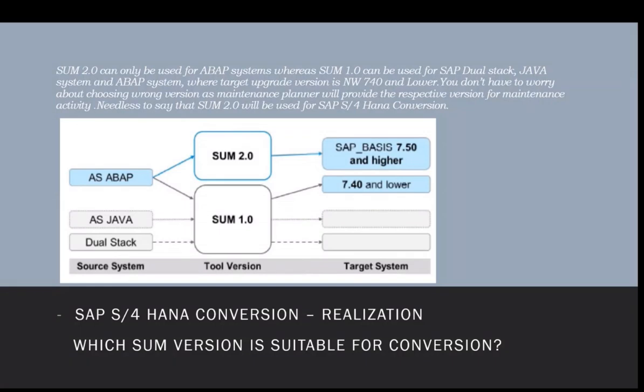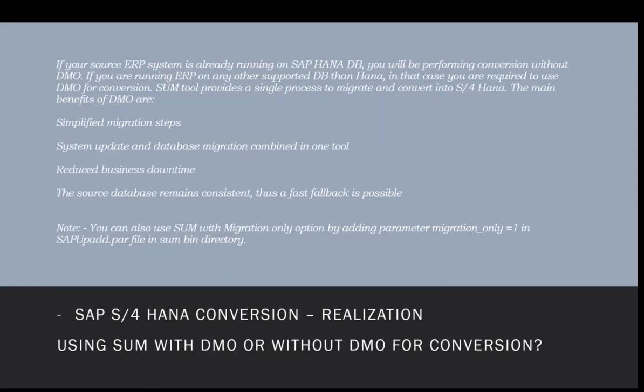So you cannot use your source database anymore after the conversion is done. In that case, you have to use the DMO option of the SUM tool. DMO is nothing but Data Migration Option. So I hope I'm clear about these terms.